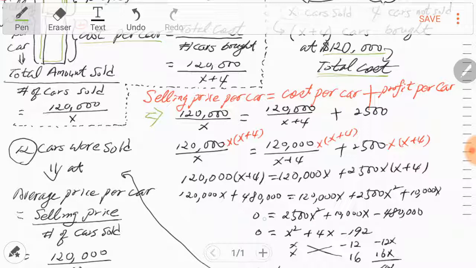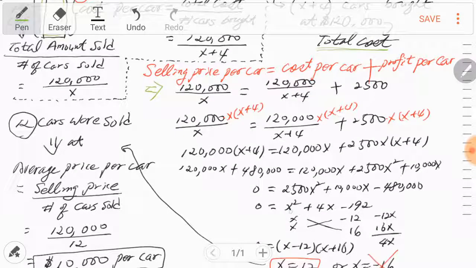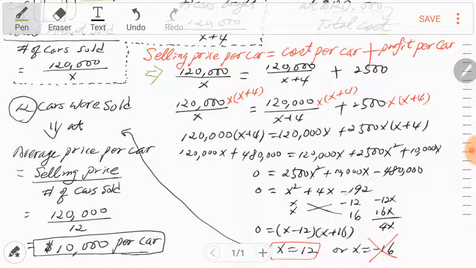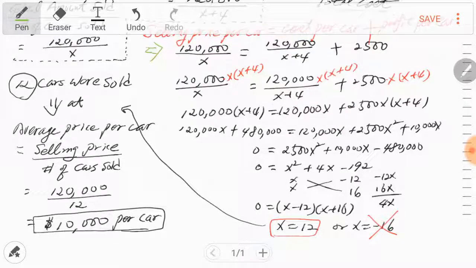From here, let's factor out 2,500 or divide the equation by 2,500. Then here is a simple quadratic equation. From here, we can find 2 factors for x squared and negative 192, and the sum of the cross multiplication is 4x, same as the second term. So x is equal to 12 and negative 16.